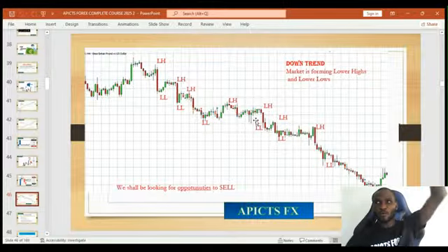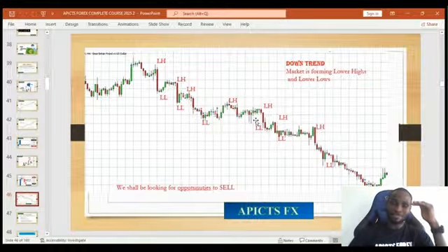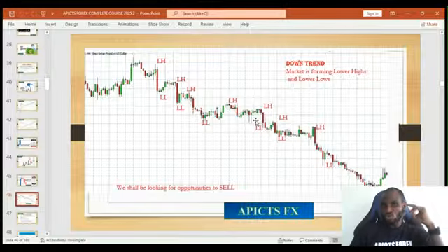The top of the candle is the peak, that is the high, and where it goes down, obviously, is the low. So when we say the market is forming lower highs and lower lows, you can see clearly on your screen how the market does that.